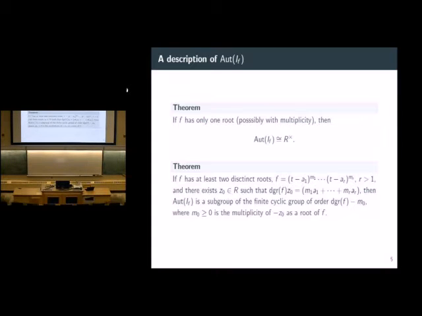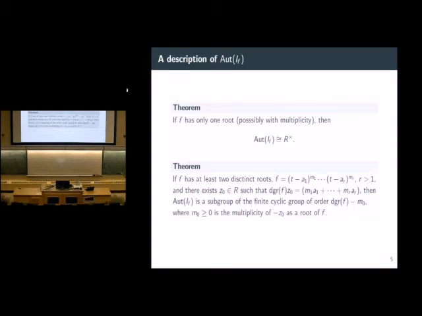And again, the proof of this theorem has the same flavor as the previous one, and just uses the lemmas that I showed before.